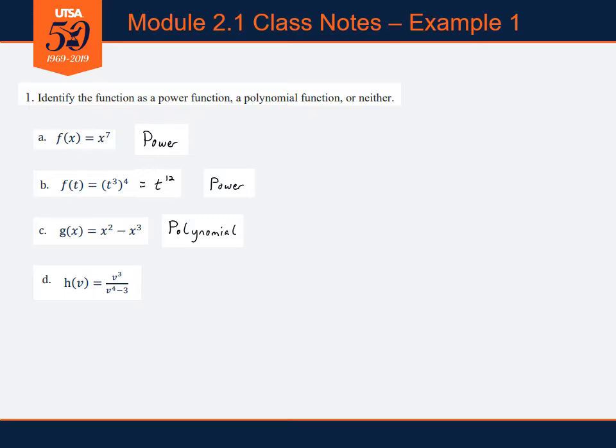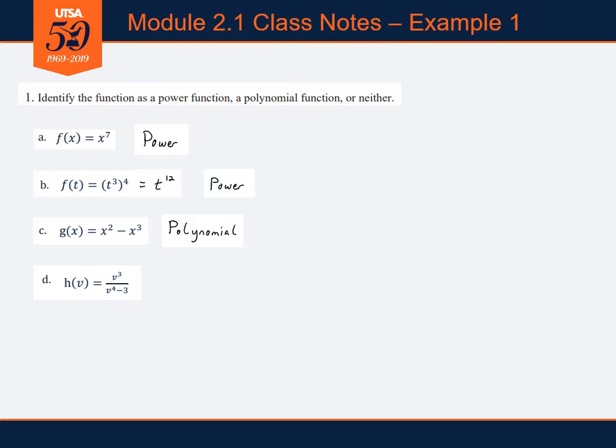In part D, we've got h of v, where v is the input variable. H of v equals v cubed over v to the 4th minus 3. All of the terms here are either just numbers, which are fine, or whole number powers of the variable, in this case v.